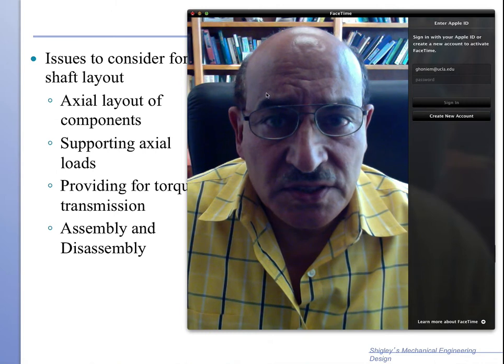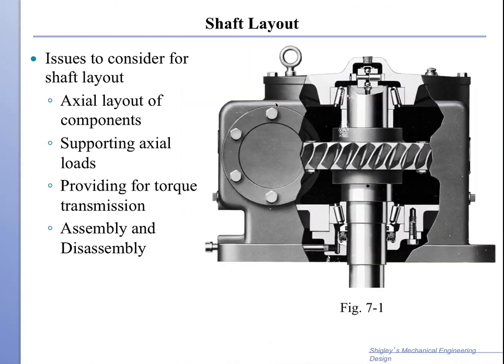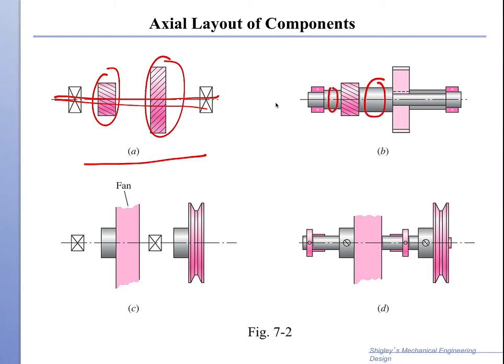So let's continue looking at this here, in which we look at the shaft layout. If you look at the axial layout issue, in figure A we have gears and we need to put a shaft axially. The way to do it is to make the shaft of different sizes.